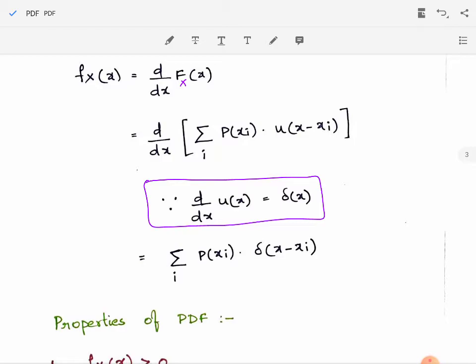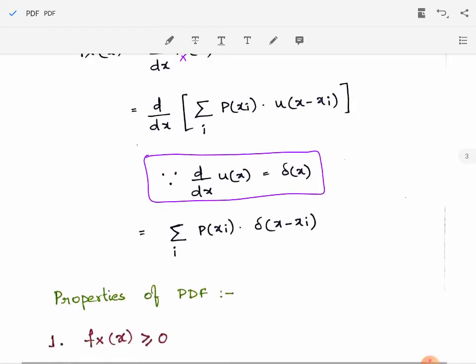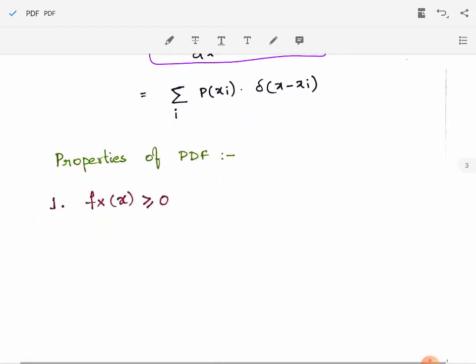So now let's see the properties of the probability density function. The first property: f_X(x) is greater than or equal to 0. How do you understand this?